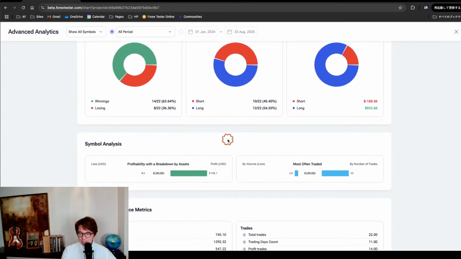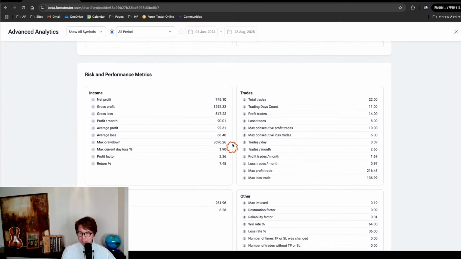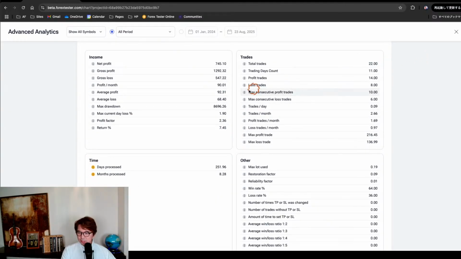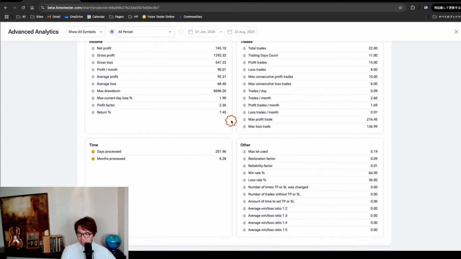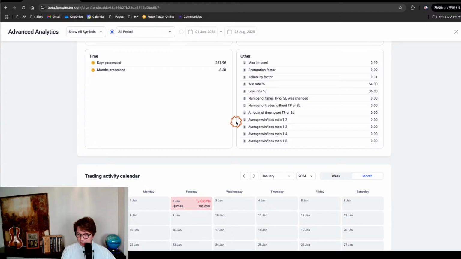And you can see all the numbers, profit, gross loss, and my most important number, profit factor, 2.36. Total trades 22, and return 7.45%. I usually run the tester up to 100 trades and see the overall result.